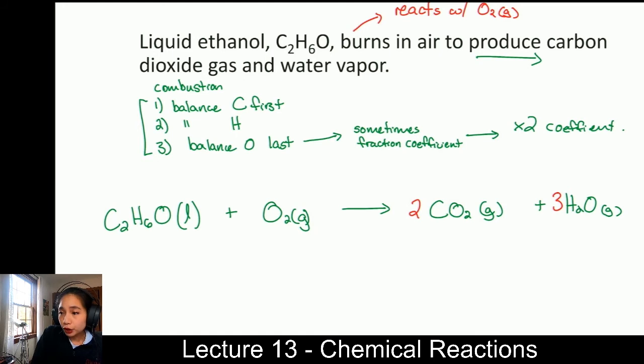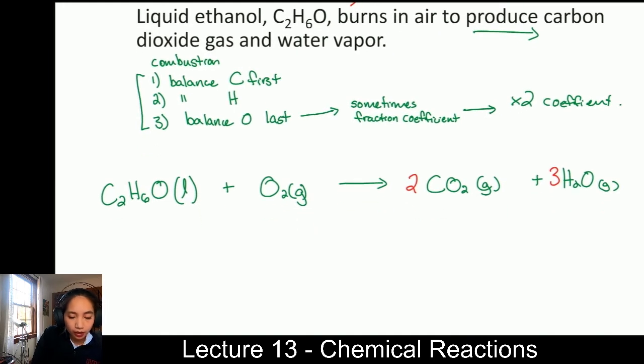Now, if we look at oxygen, there are a lot of places where oxygen shows up. The best tip here is to count up all of the oxygens on the product side, because we're done balancing the product side. There are 4 oxygens in CO2, and there are 3 oxygens coming from water. So together, there's a total of 7 oxygens on the product side.